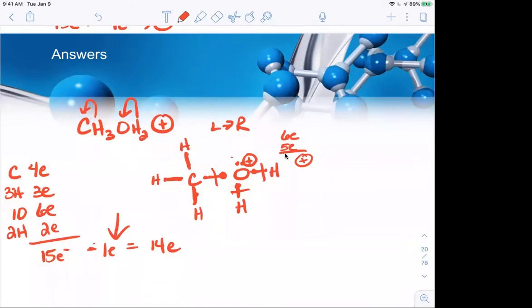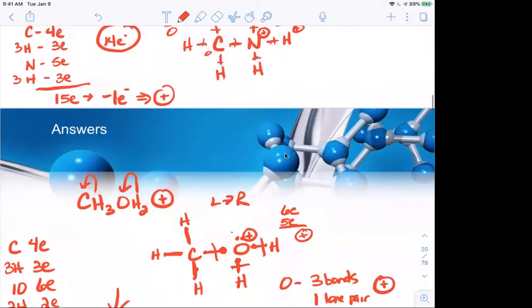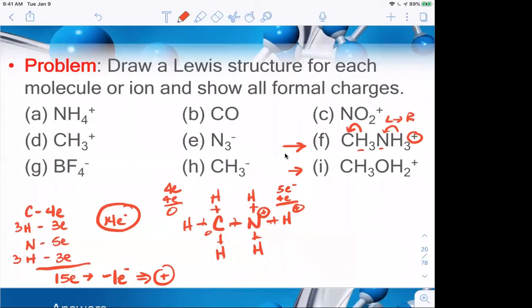And that's because I'm looking for things that don't follow the normal bonding patterns. So here, when oxygen has 3 bonds and 1 lone pair, it's positive. Here, when nitrogen has 4 bonds and 0 lone pairs, it's positive.